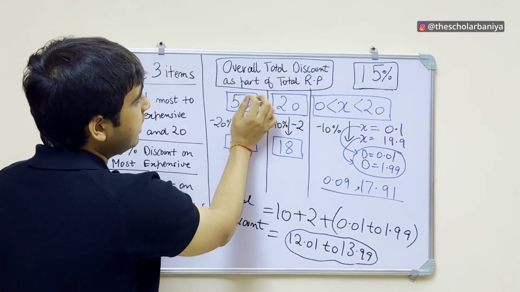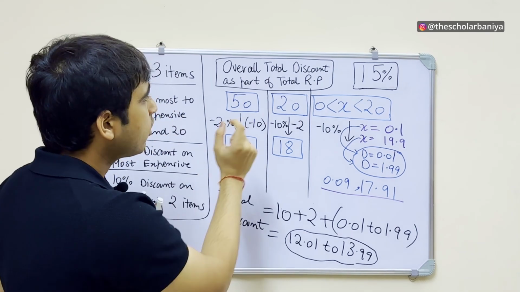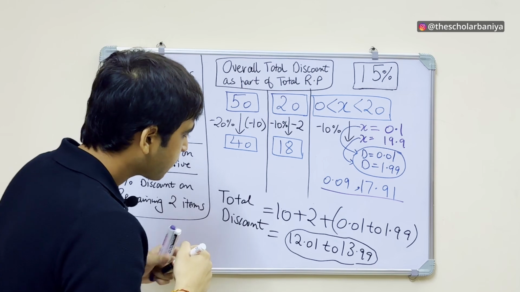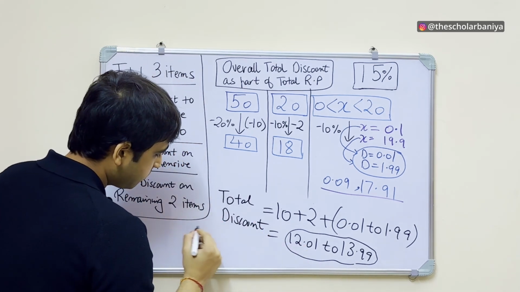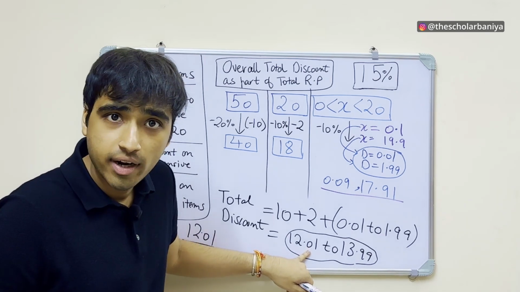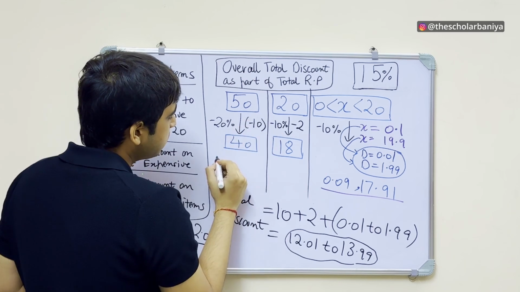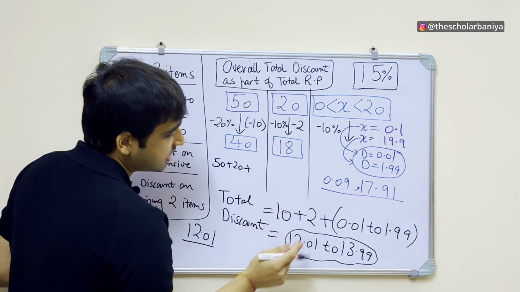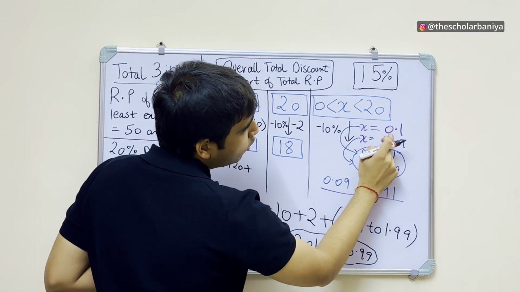Now we had to calculate the overall total discount as a part of the total regular price, right? So tell me one thing, the total discount can be 12.01, right? If it is 12.01, then what is the sum of the regular price? The regular price will be 50 plus 20 plus, in case of 0.01, this is 0.1, right?